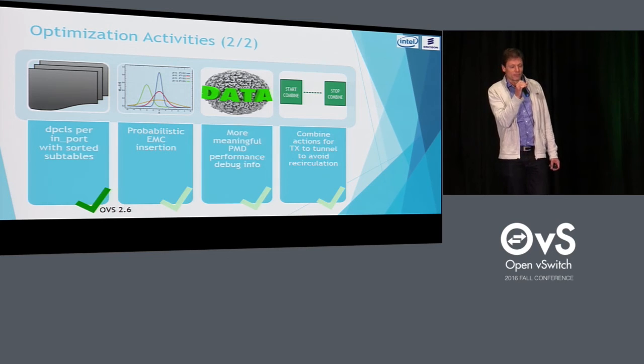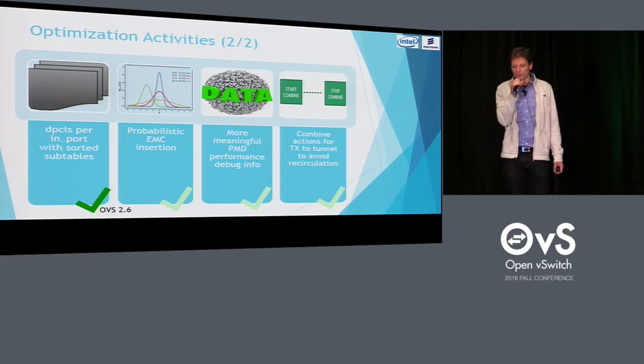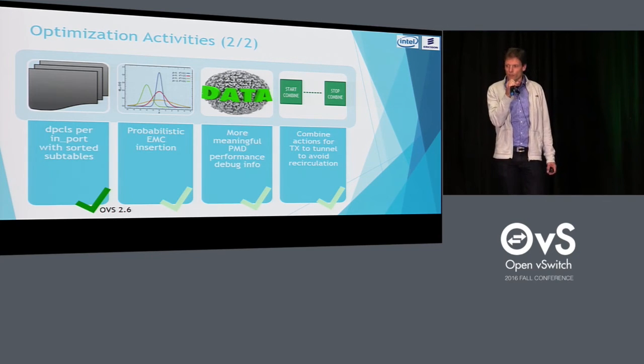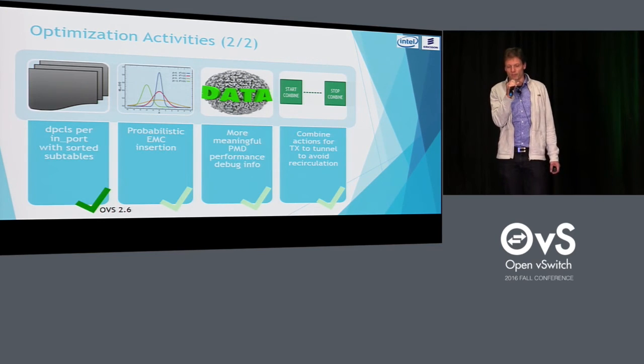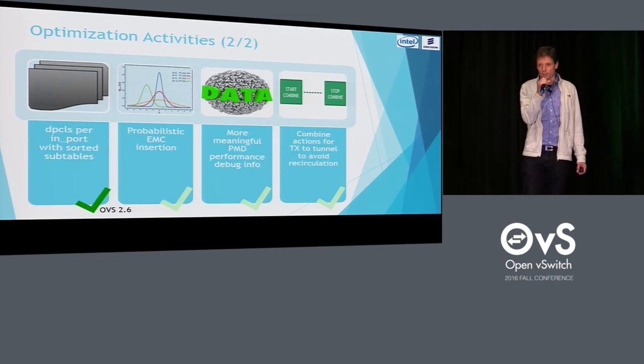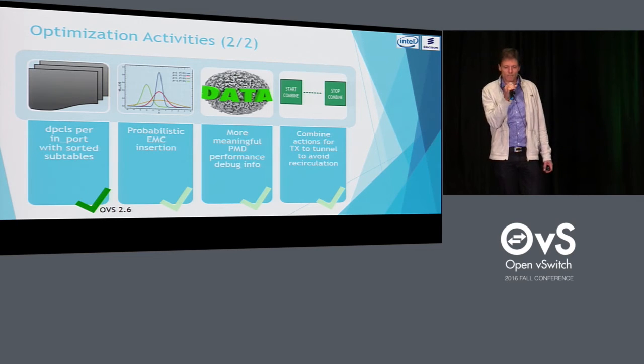So the obvious improvement that could be done was to go away from the global DPCLS instance for the entire data path and create one for every ingress port. And as an additional optimization within that ingress port, to sort the list of subtables, if there were multiple, according to hit frequency periodically. That's a very lightweight operation, can be done easily.